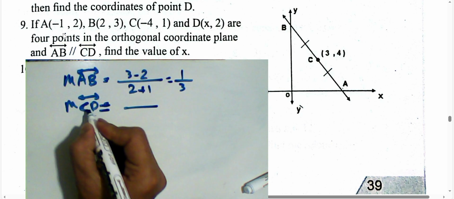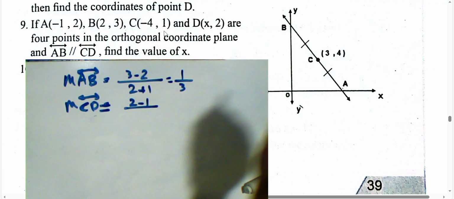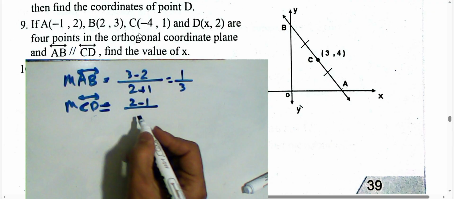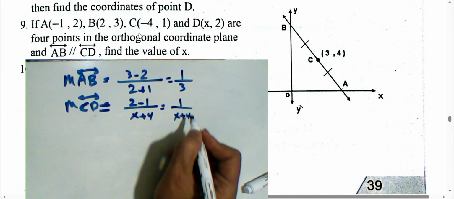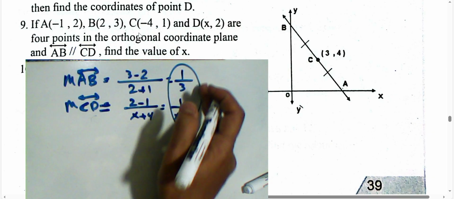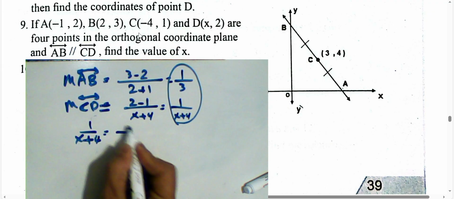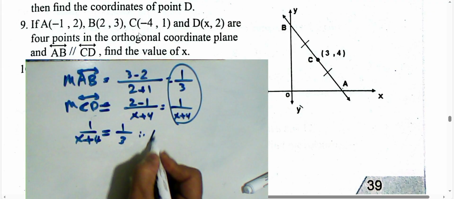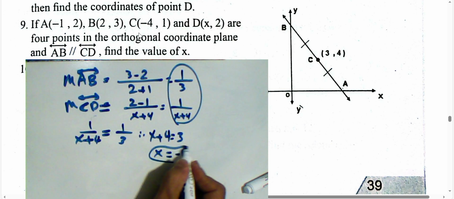And the slope of CD, C and D here, okay, 2 minus 1 over x minus minus 4, x plus 4. It will be 1 over x plus 4. Slope 1 equals slope 2 because they are parallel. Then 1 over x plus 4 equals 1 over 3. Then x plus 4 equals 3. So the value of x here equals negative 1.